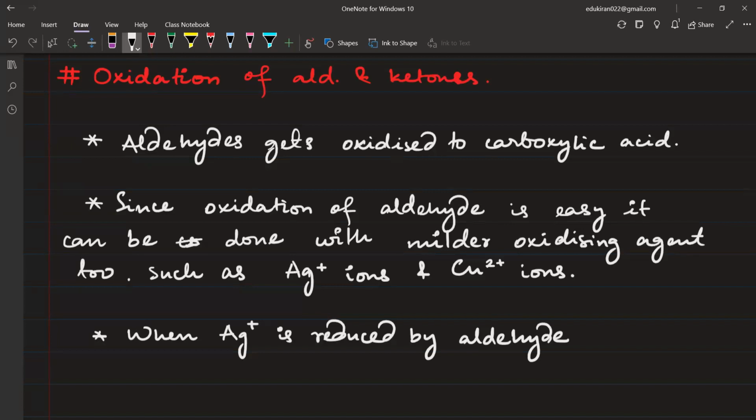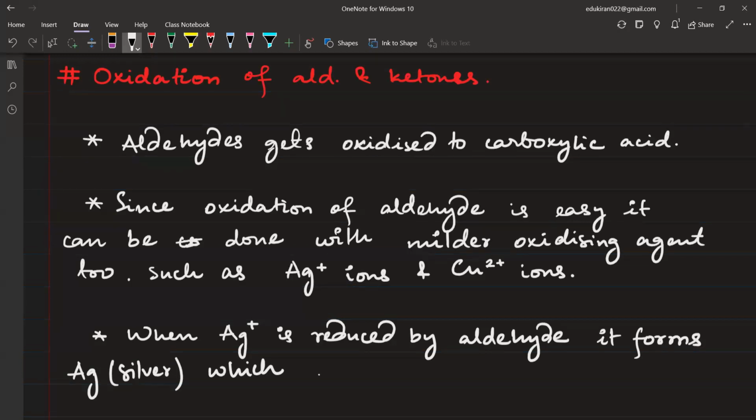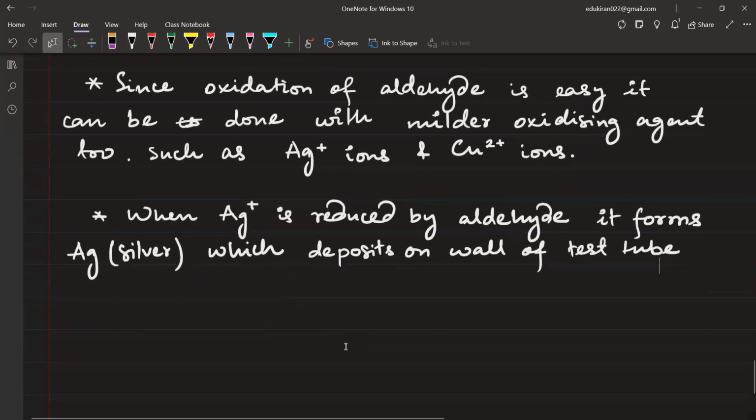It forms Ag, that is silver. And when silver is formed, it will stick on, or we can say deposit, on the wall of the test tube.